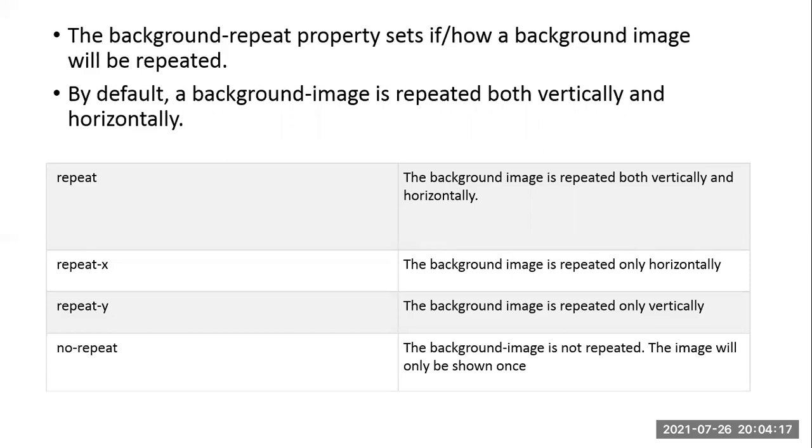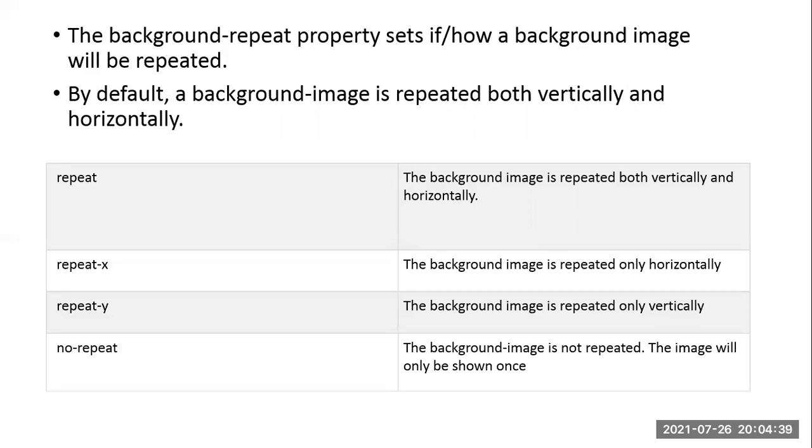If you want to specify it vertically, then we need to give repeat-y. When we do not want the image to be repeated, we need to give no-repeat. If we need the image to be repeated both horizontally and vertically, we make use of the property, and the value is repeat.